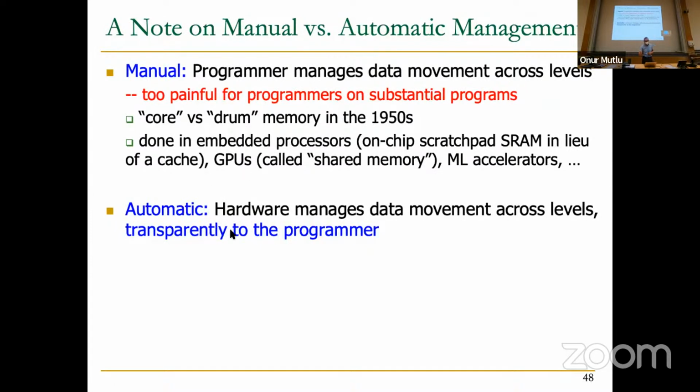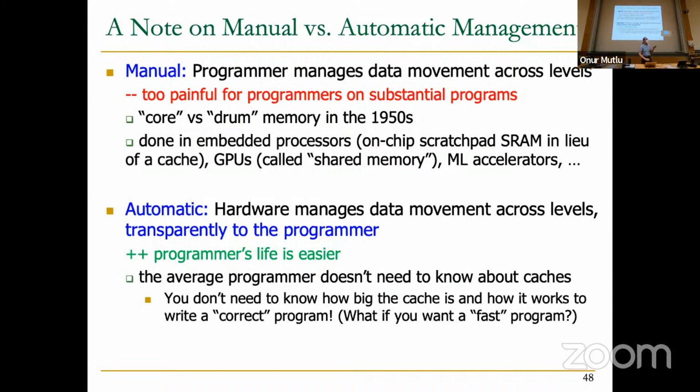Automatic is completely different. We do things transparently to the programmer. So as a result, programmer's life is easier. Programmer doesn't need to do anything basically. And magically, programs become faster because somebody, hardware, keeps the data in an internal cache that's not visible to the programmer. This sounds nice, right? So as a result, the average programmer doesn't need to know about caches.